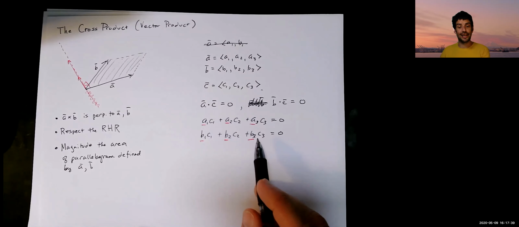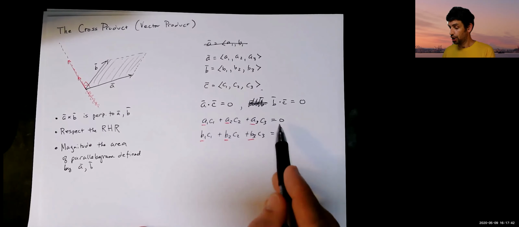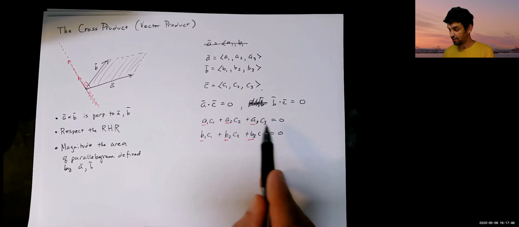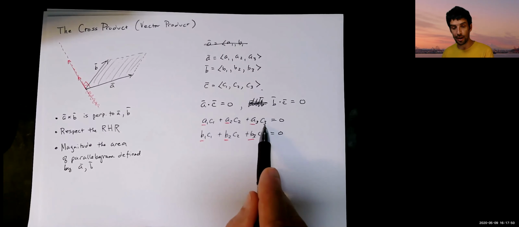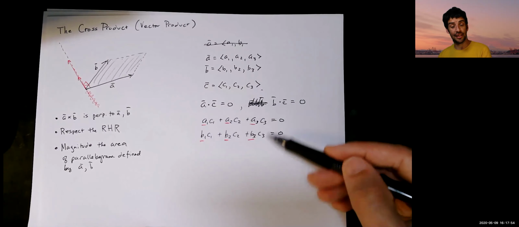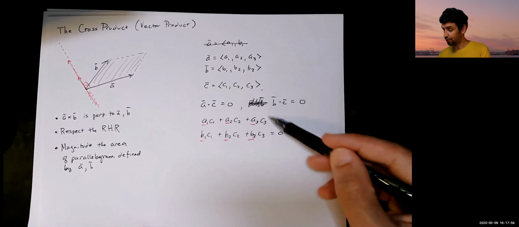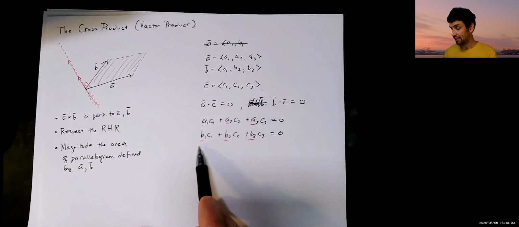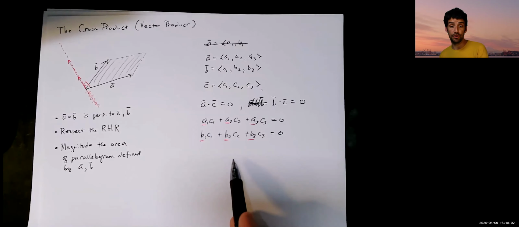So I'm not going to go through the whole derivation. I'll give you a hint at how it might work out. You could, for instance, eliminate the variable C3, right? If I multiplied this top equation by B3 and the bottom equation by A3 and then subtracted them, these two would disappear, and we'd have a single equation with two unknowns, right?